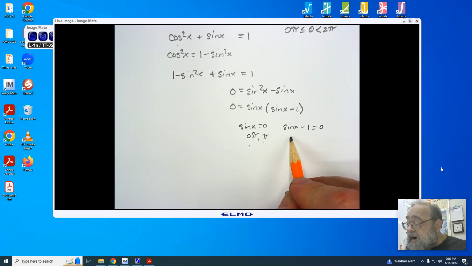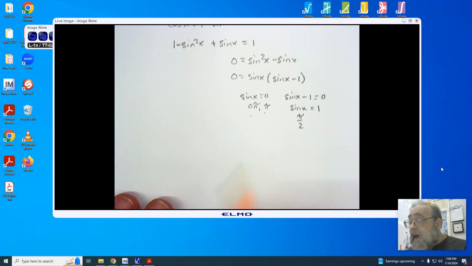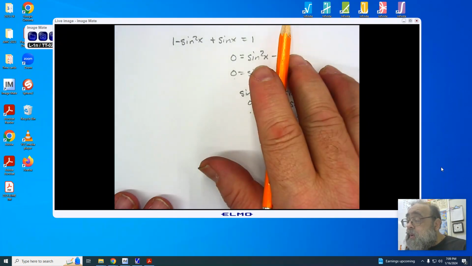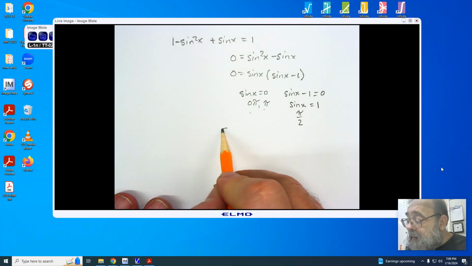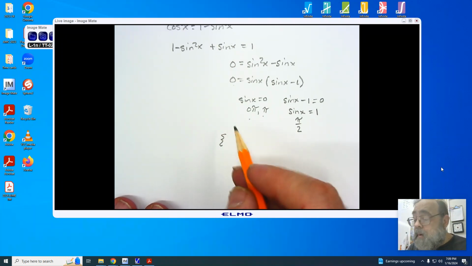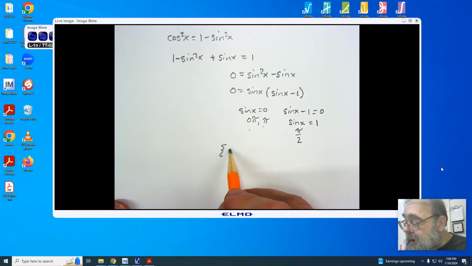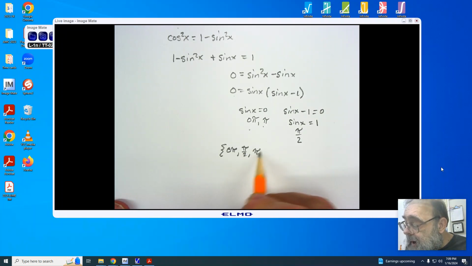Solving for the sine of x minus 1 would be sine of x equal to 1. And we know that the sine of x is going to be equal to 1 at pi over 2. We now have all of our answers that are between 0 and 2 pi. And therefore, my solution set would be 0, pi over 2, and pi.